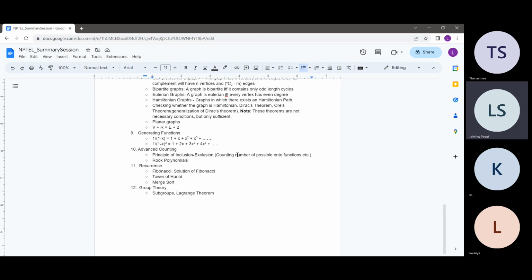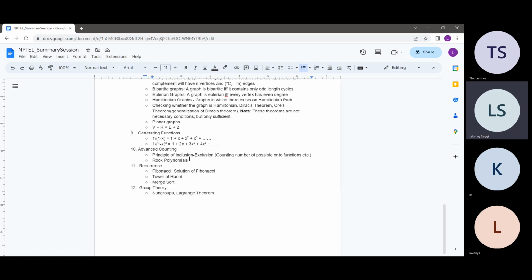After this, there was a concept covered along the lines of rook polynomials. Basically, suppose we are given an m cross n chess grid and we want to find the number of ways of placing rooks such that no two rooks can kill each other.